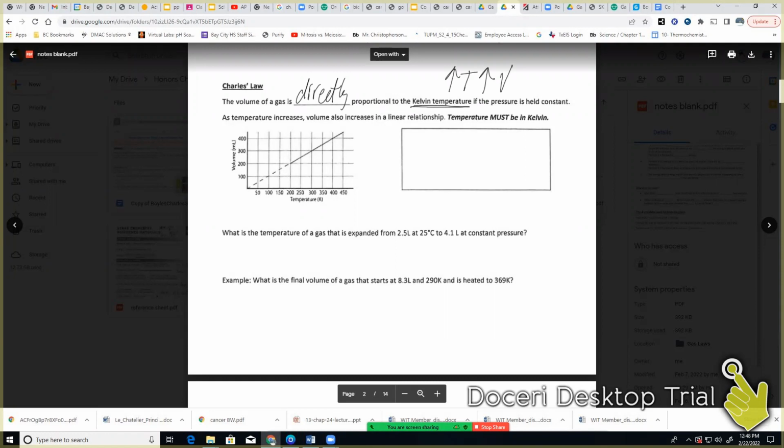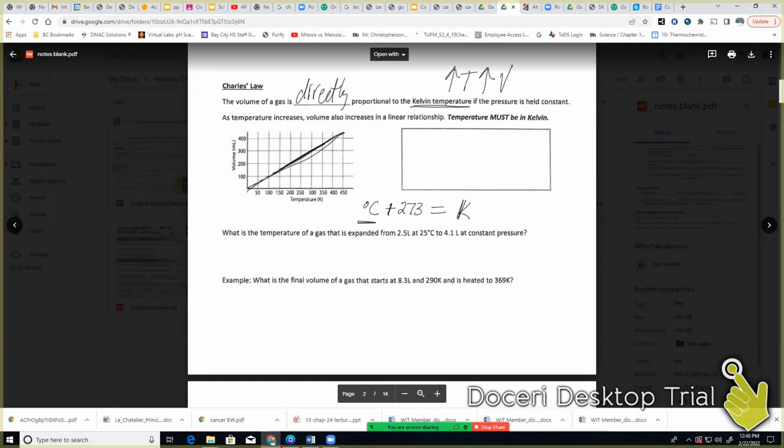Don't forget, if you're given your temperature in degrees Celsius, you simply add 273 to it. And that'll get you changed over to Kelvin. However many places behind the decimal you're given Celsius, that's how many places behind the decimal you should have for your answer. And this is a direct relationship, so that's why we have a positive slope.